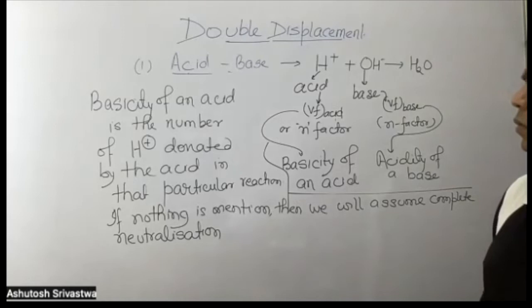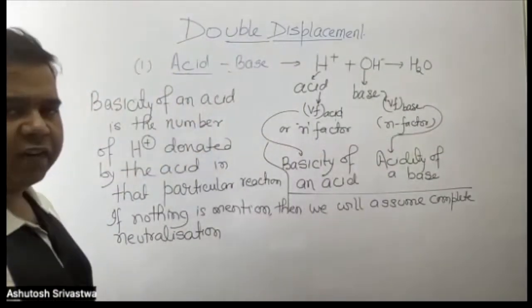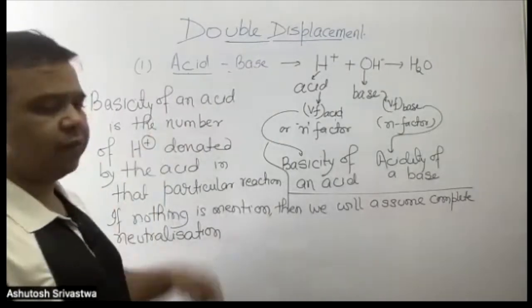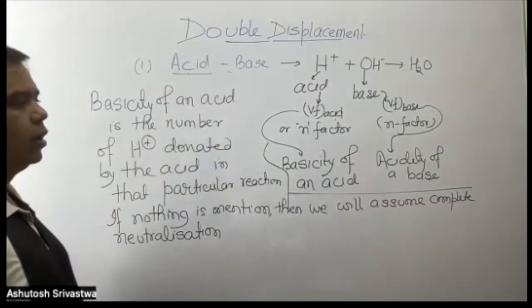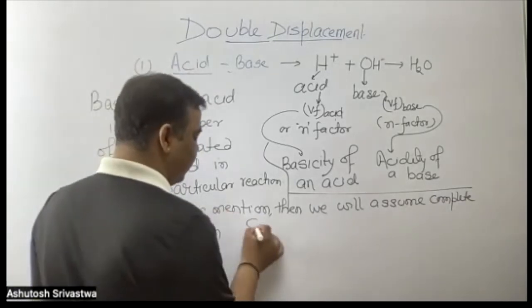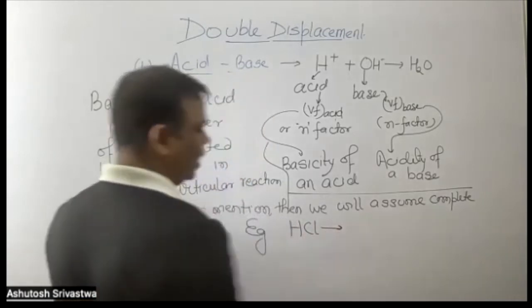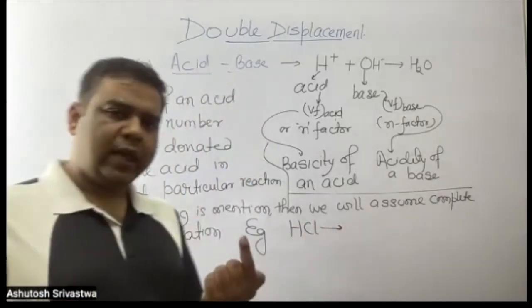In general we talk about valency factor and N factor, but particularly for an acid we talk about basicity of an acid. Let us take an example first. In a molecule of HCl, we have only one H per molecule.